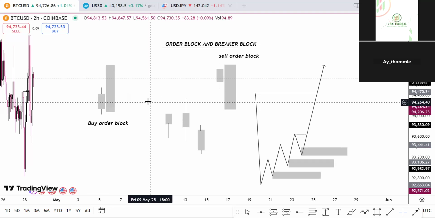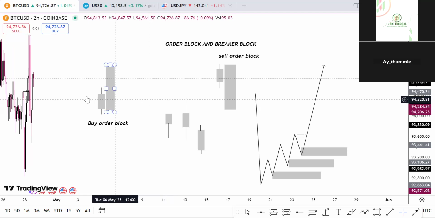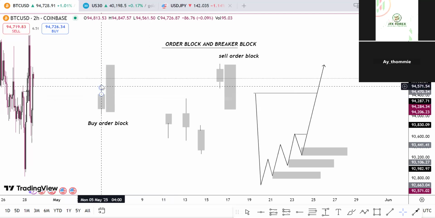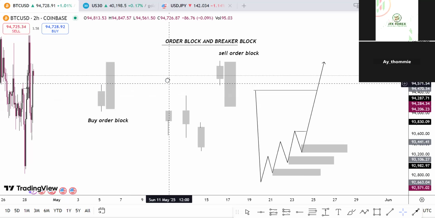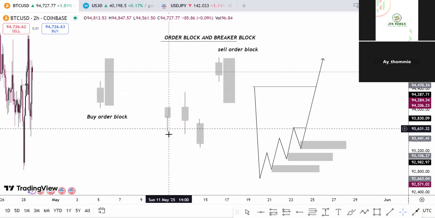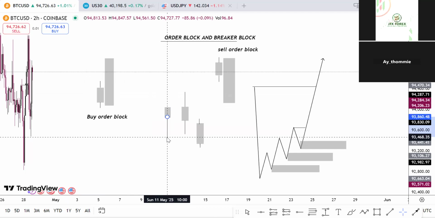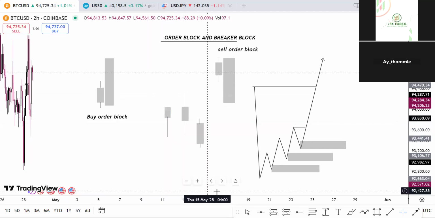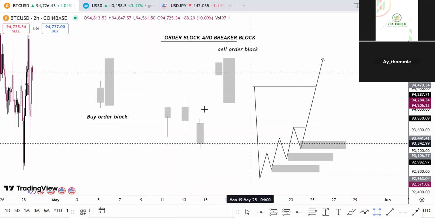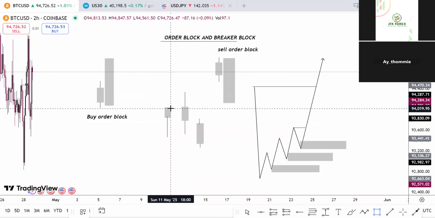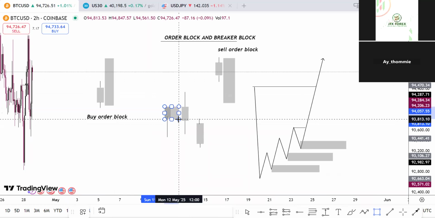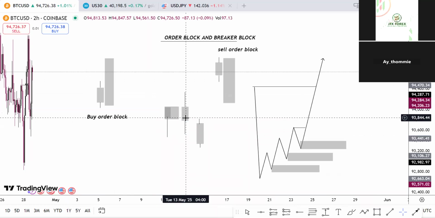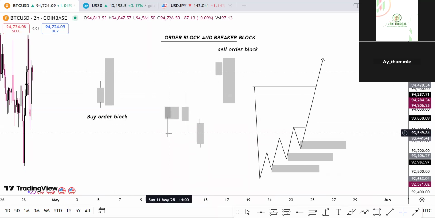If your wick is longer than the body candlestick, something like this, if your wick is longer than the body candlestick, you mark only the body candlestick while marking it. Do you understand?